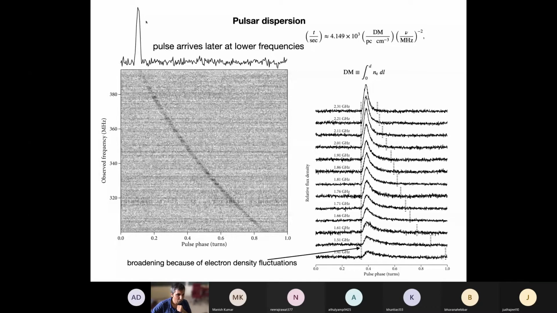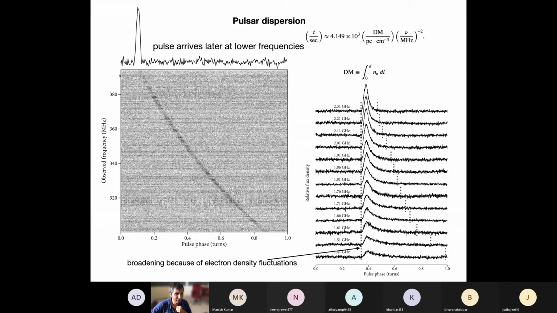Okay, and what is shown here in this gray scale is, the y-axis is the observed frequency and the x-axis is pulse phase. So the pulsar arrives earliest in time at highest frequencies. So you can see this high intensity. So this is basically pulse arrival at different frequencies.